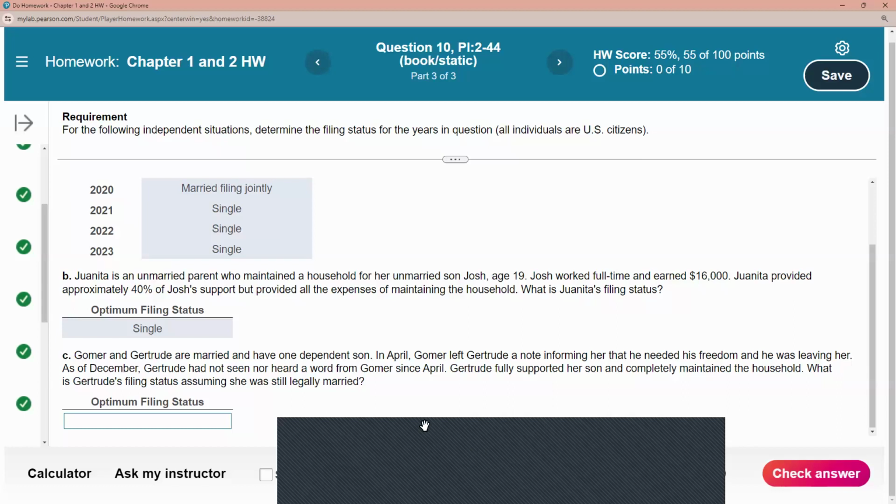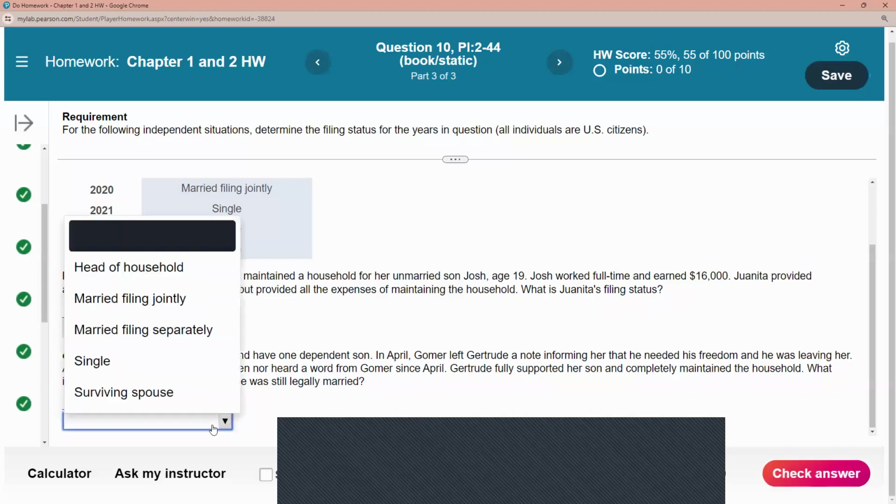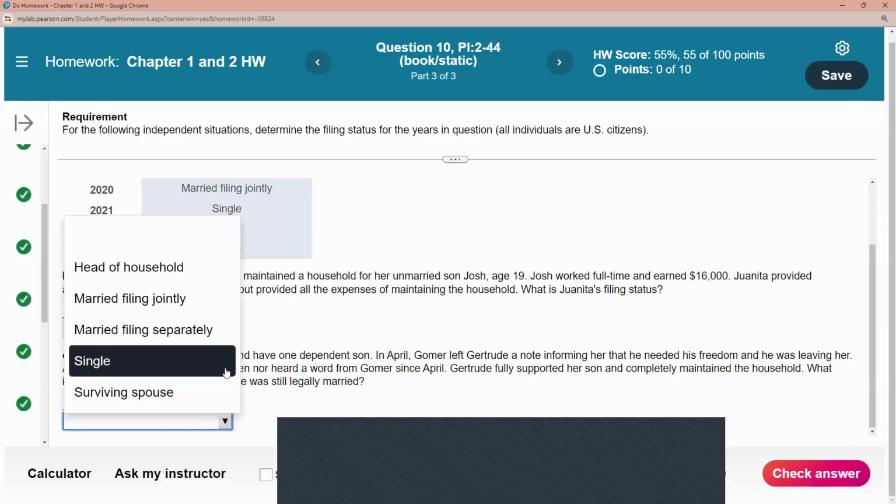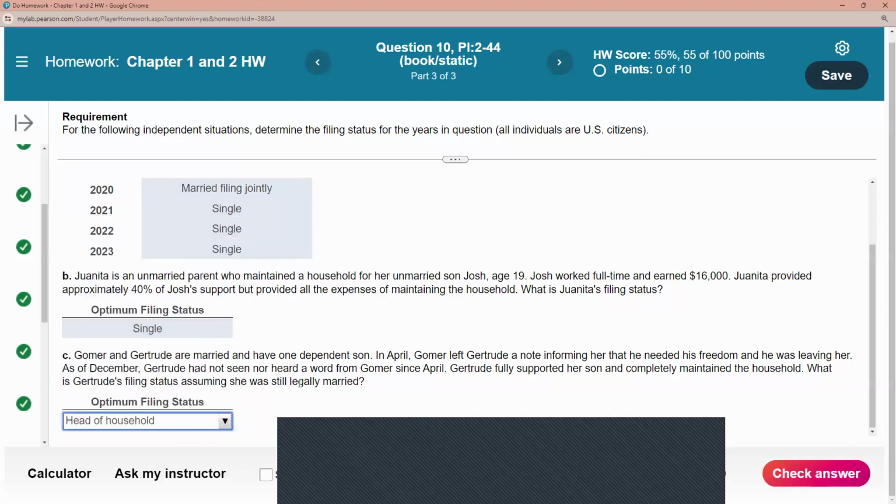So based on this information, Gertrude has not seen or heard a word from Gomer since April. So for the last 9 months of the year, she was basically alone, taking care of her dependent child. So therefore, Gertrude would be able to take advantage of this special provision and file as head of household.